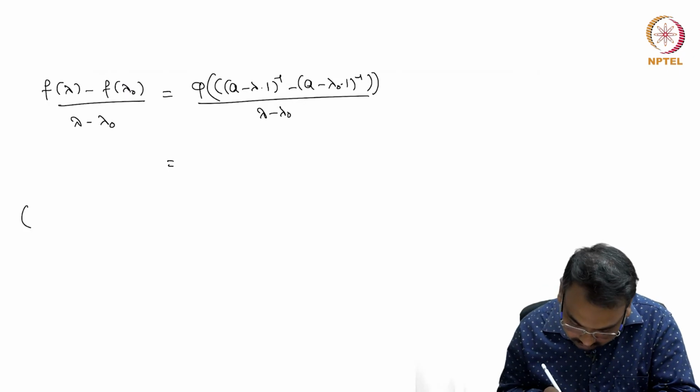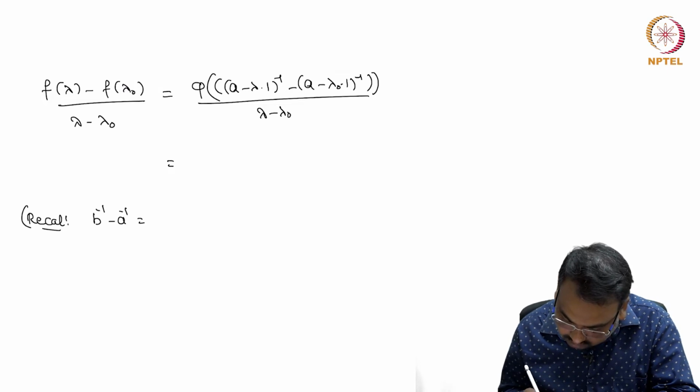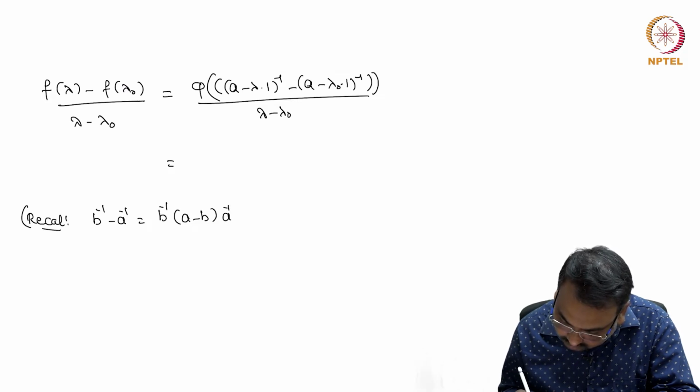So recall, B inverse minus A inverse is A minus B multiplied by B inverse A inverse.